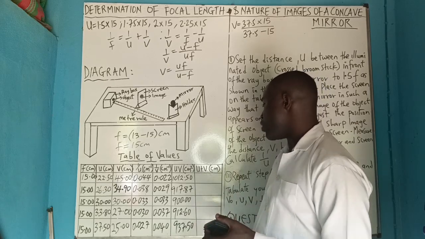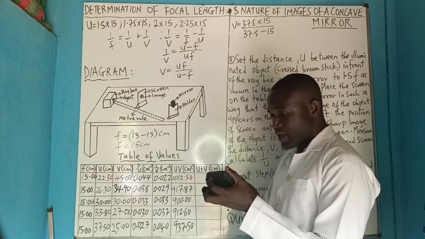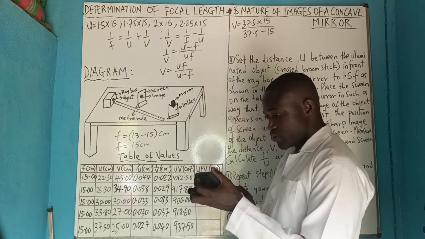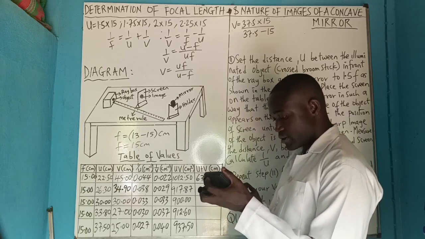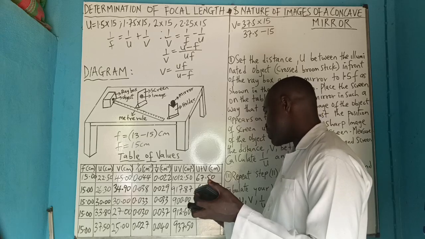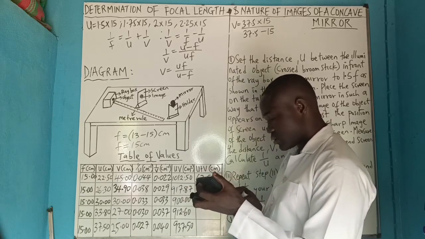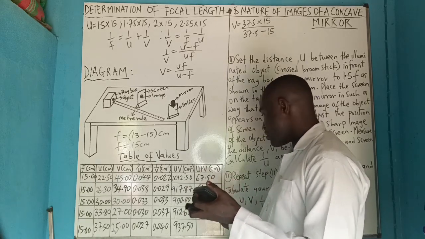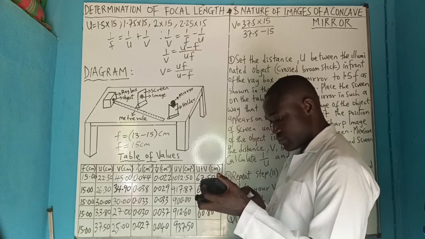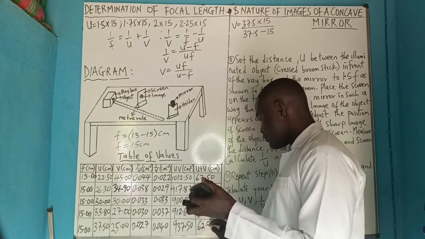Then U plus V is what? Add your U to your V. Then 22.5 plus 45 is 67.50, 26.3 plus 34.9 is 61.20, 60.00, 60.80, that's 37.5 plus 25, 62.50.